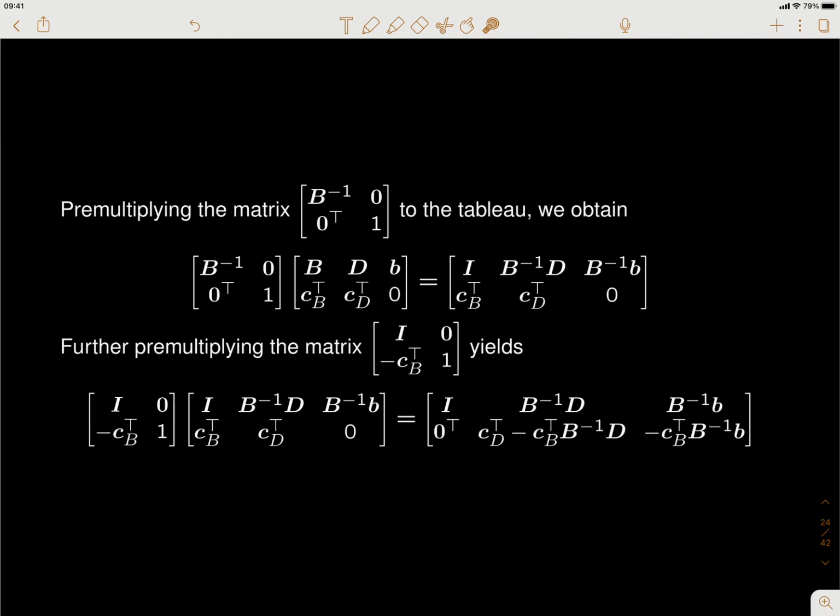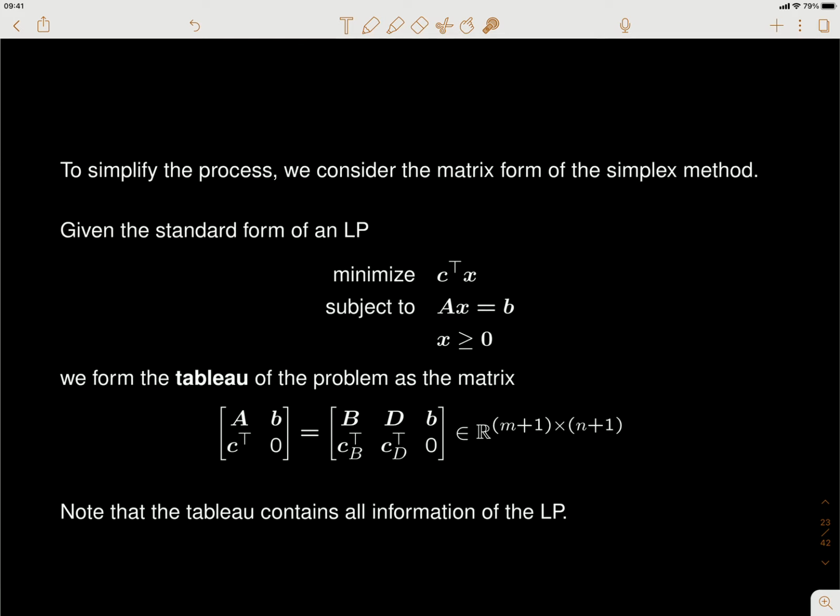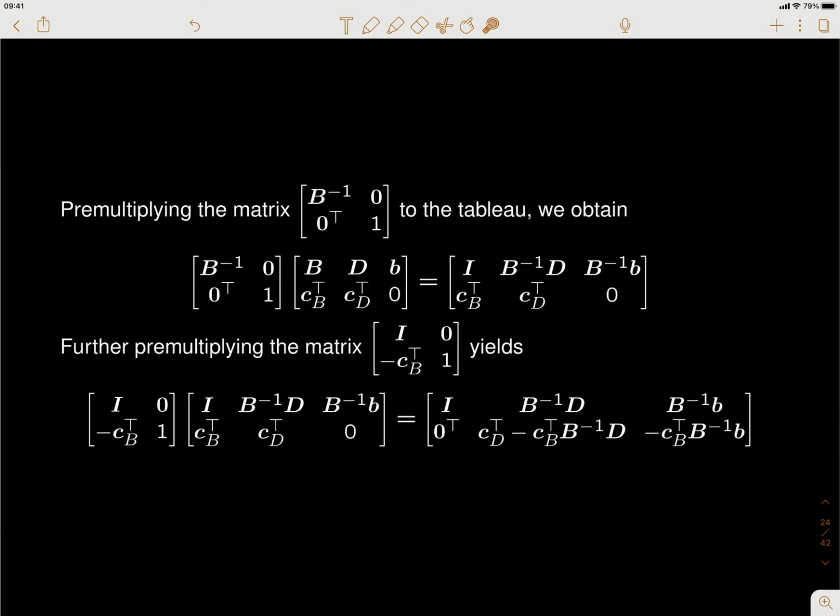Now recall what we can do for this tableau. If we multiply this matrix on the left, this is essentially the same as multiplying B inverse into the matrix A and B, to get the canonical form, as we mentioned earlier.